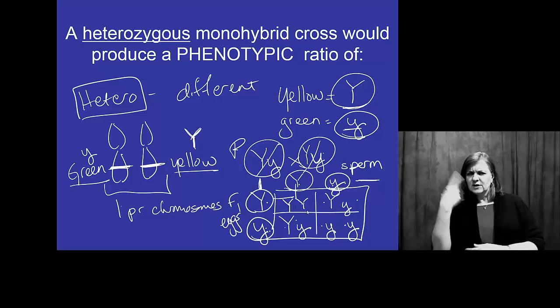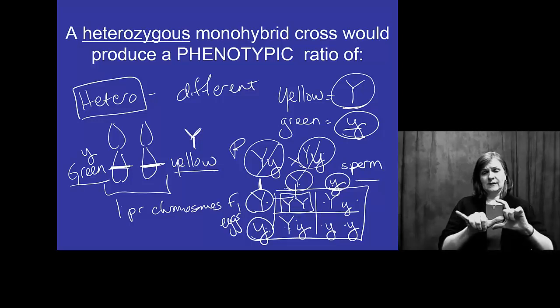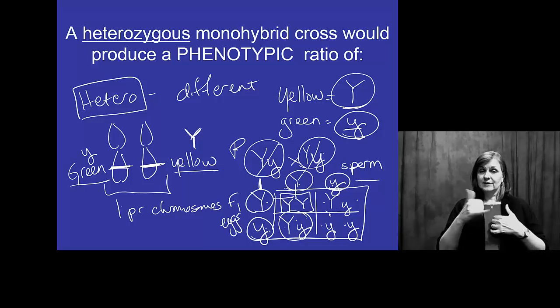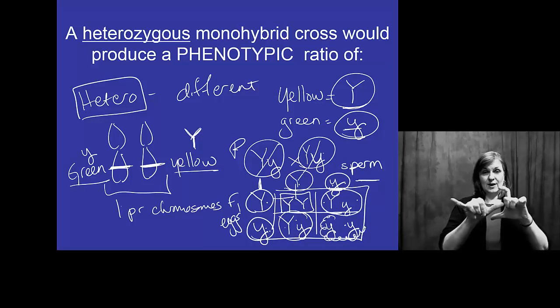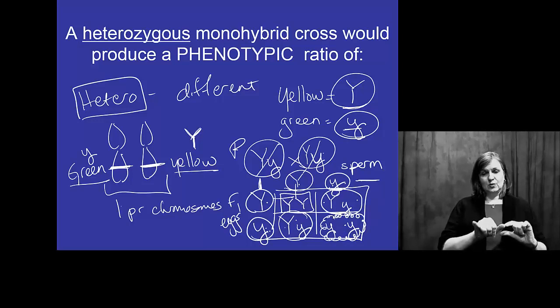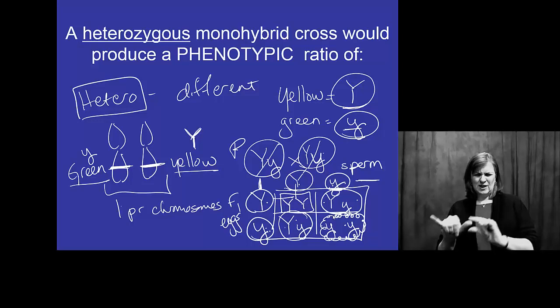Now, here we have different genotypes, right? We've got a big Y, big Y. We've got a big Y, little y, another big Y, little y, and a little y, little y. Those are the genotypes. You're talking about alleles. But if we actually look at this as far as phenotype, what are these individuals going to look like?